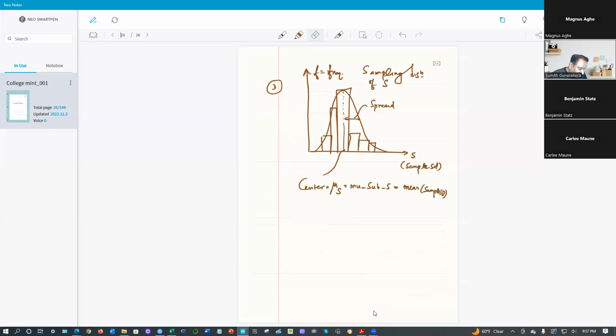How do you get the spread? Sigma sub S. How do you get that one? The SD of the sample SD.